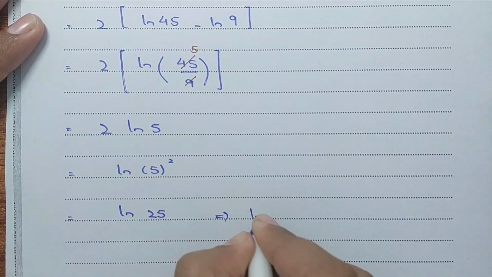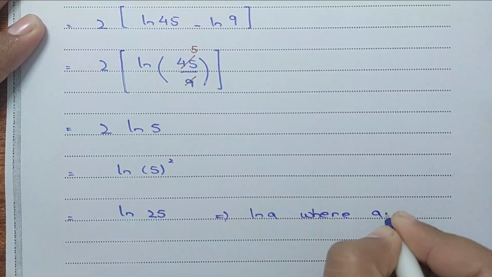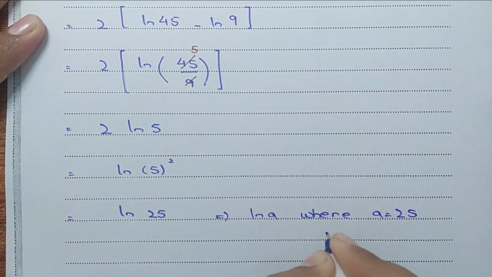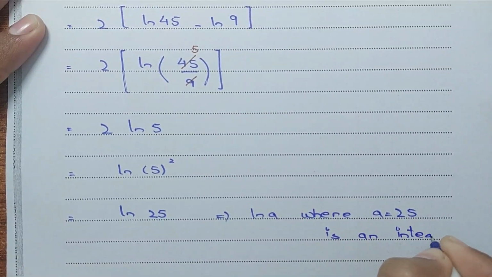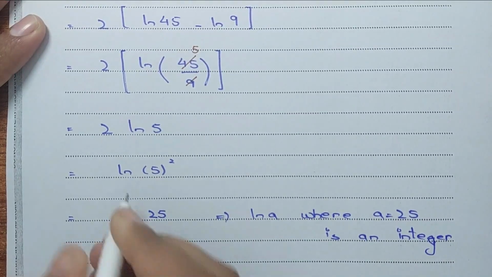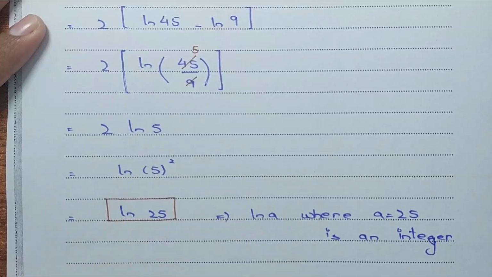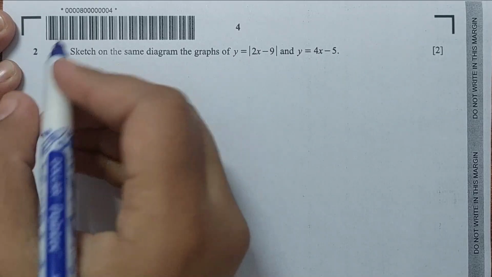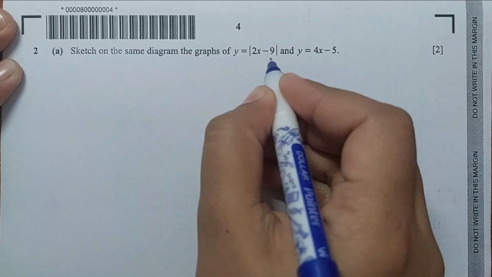Now this is in the form natural log of A, where A equals 25, an integer. Alright, now this is in the exact form we need: natural log of 25.